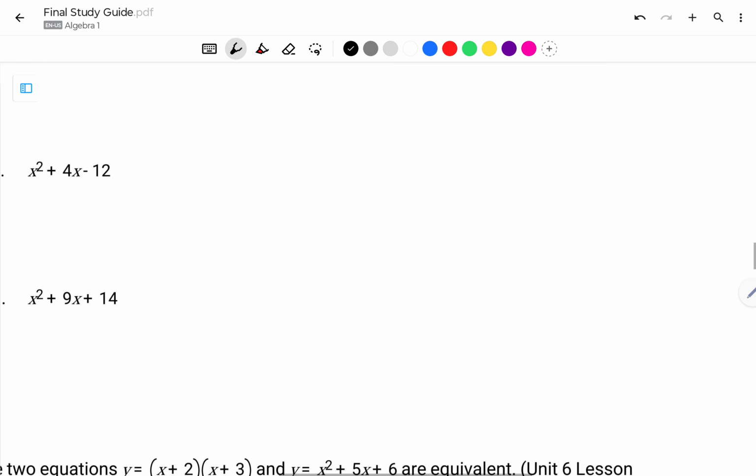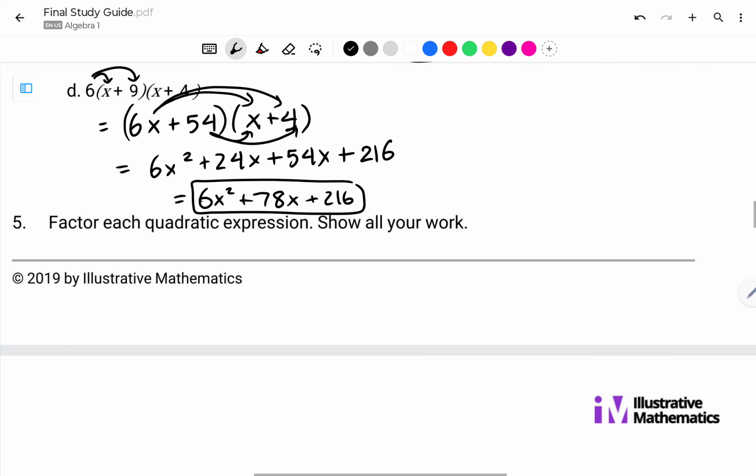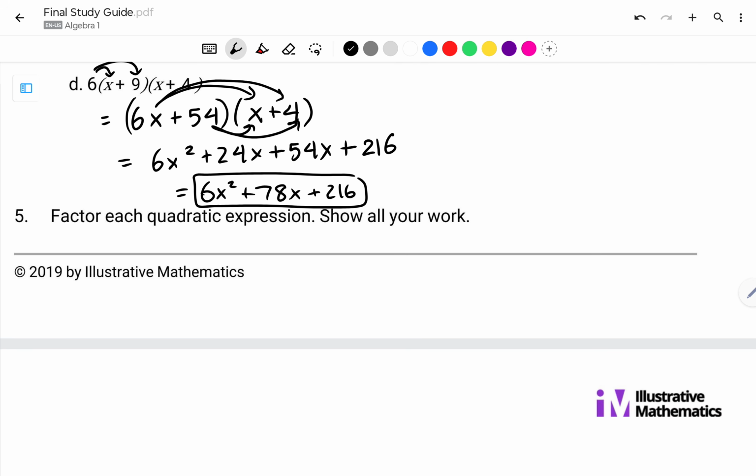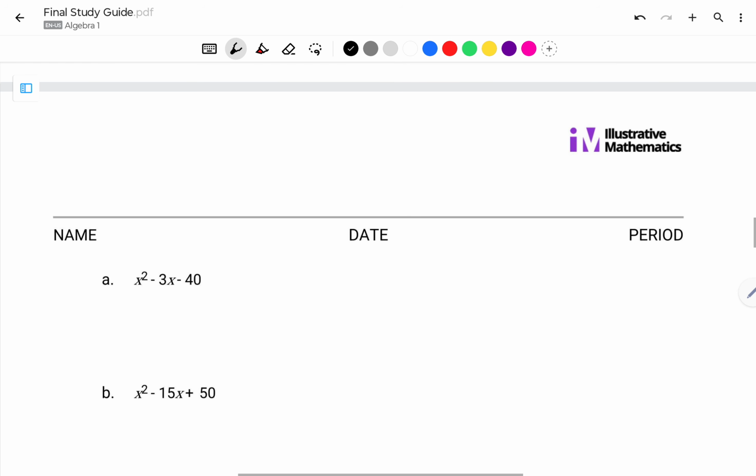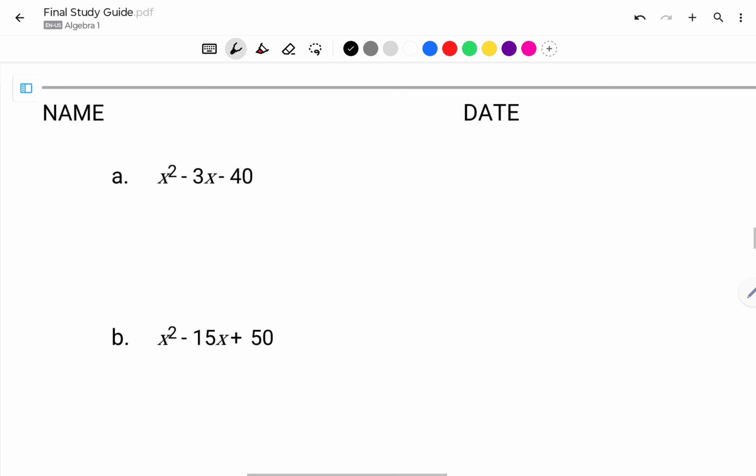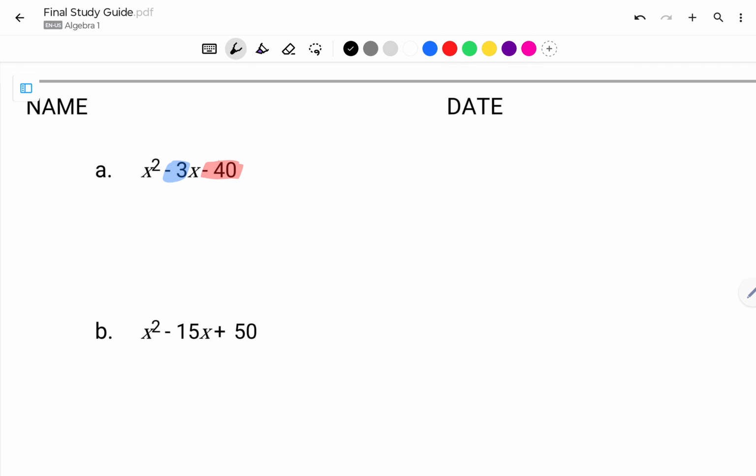Factoring. We're going to factor each quadratic expression, show all your work. So, let's factor this one. Remember, we have to use the n term and then the coefficient, and you have to remember what to put where. So I'm doing the diamond method.